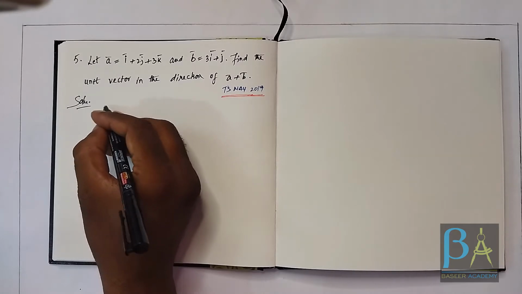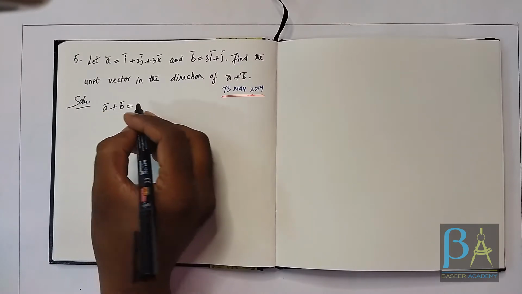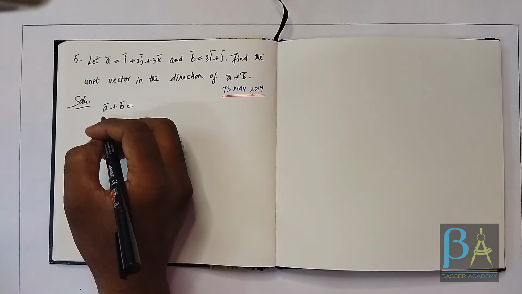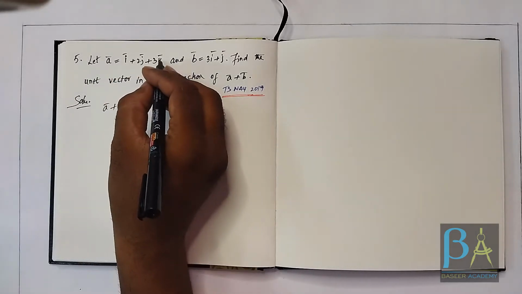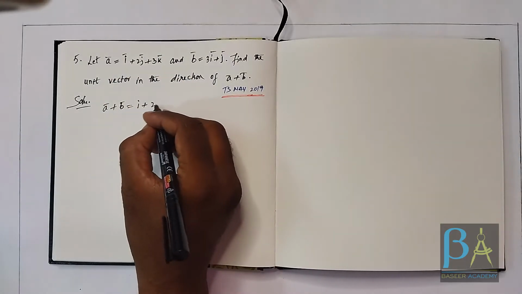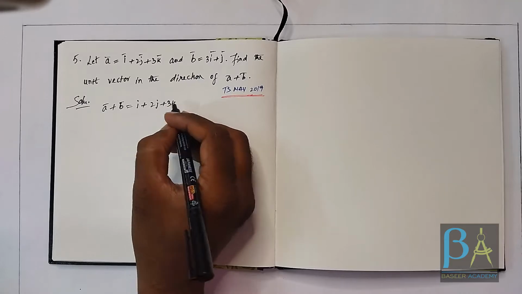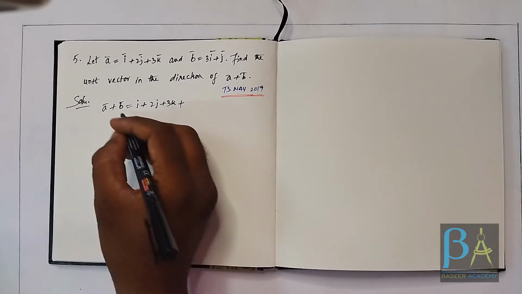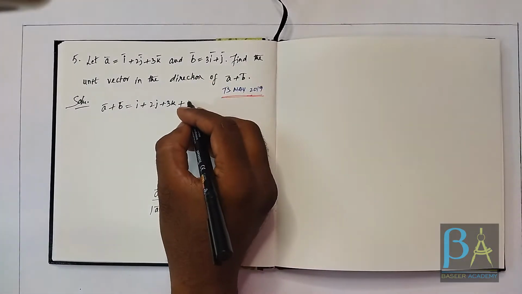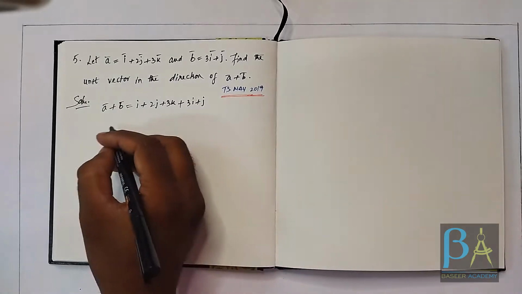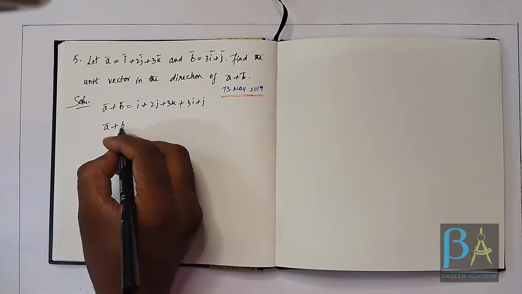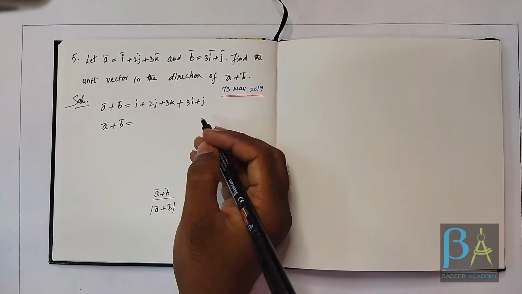It's pretty easy. A plus B. Now let me substitute what vector A is here. Vector A is i plus 2j plus 3k. Keep a plus sign here, and then vector B. Vector B is 3i plus j. It's pretty much the same thing that you do in algebra as well.